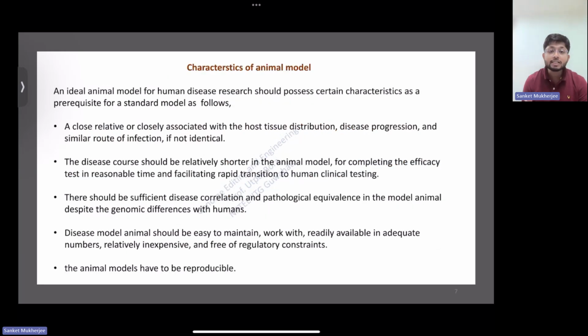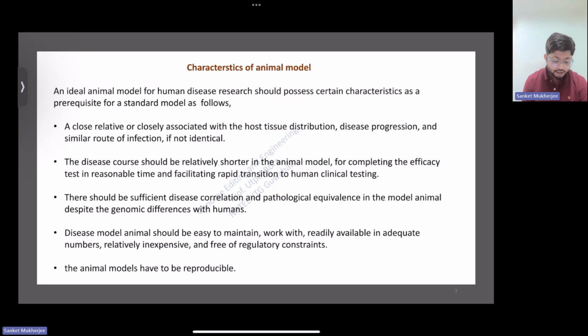So what are the characteristics that we aim to have as a prerequisite for a standard animal model? A close relative, closely associated with the host tissue distribution, disease progression, and similar route of infection, if not identical. The disease course should be relatively shorter in the animal model for completing the efficacy test in a reasonable time frame and facilitating rapid transition to human clinical testing.